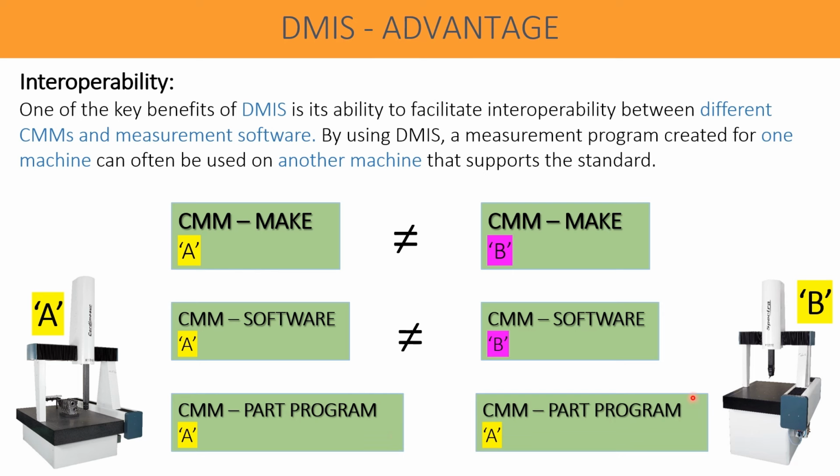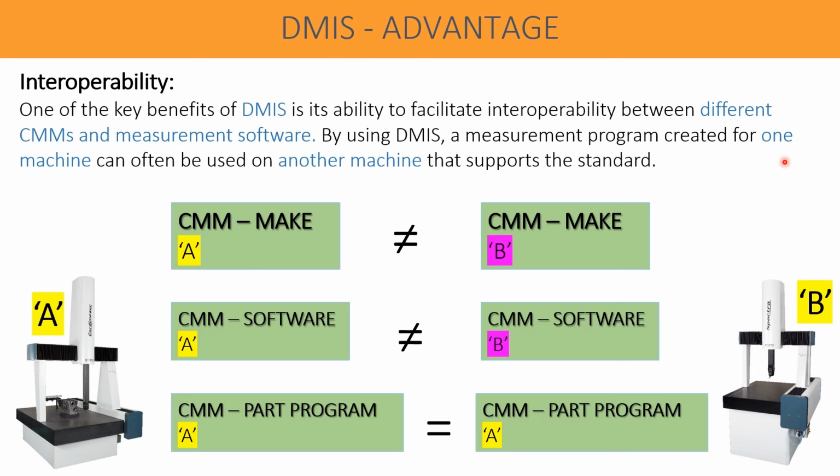So we can say that if the program is compatible with the DMIS language, that means the program is created in DMIS and the feasibility is supported at CMM A and CMM B, then the program created at CMM A is easily loaded in CMM B and it would run as it is.